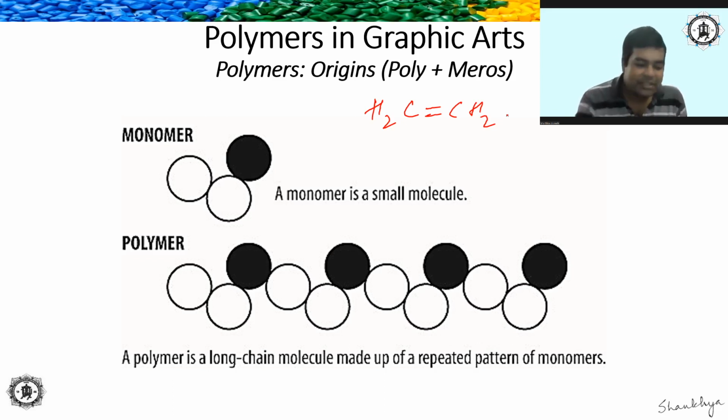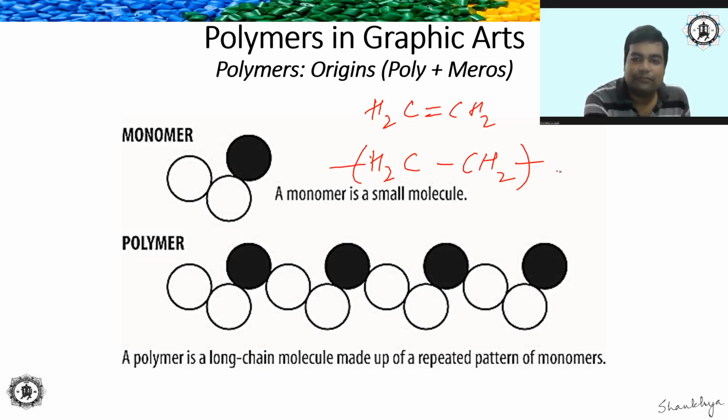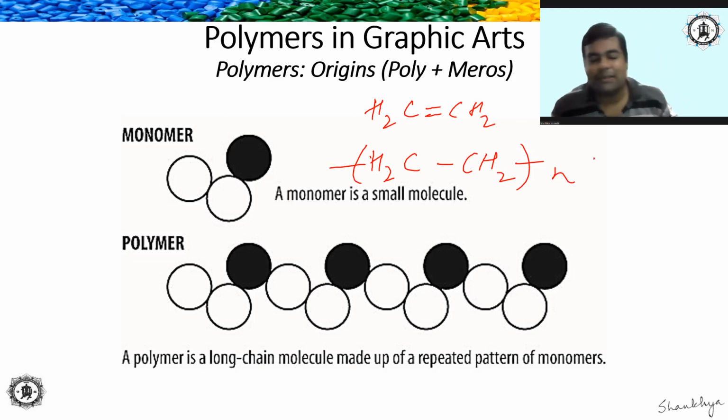So, what is the difference between the structure of both the things? So, this is basically your ethylene. So, what is the structure of polyethylene? It will be something like this. So, what really happened?